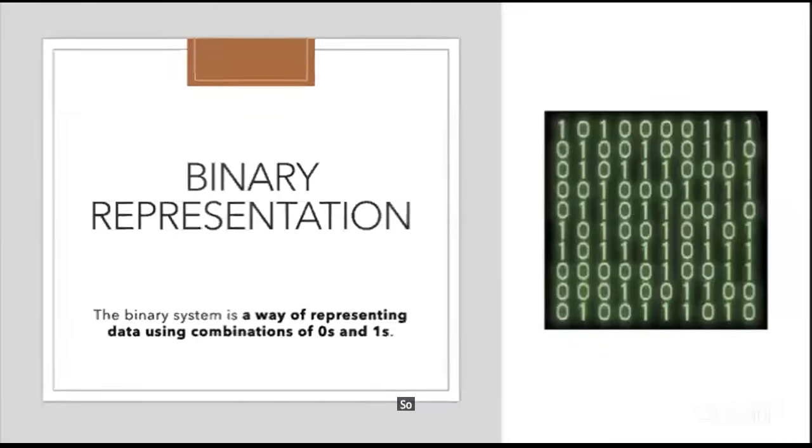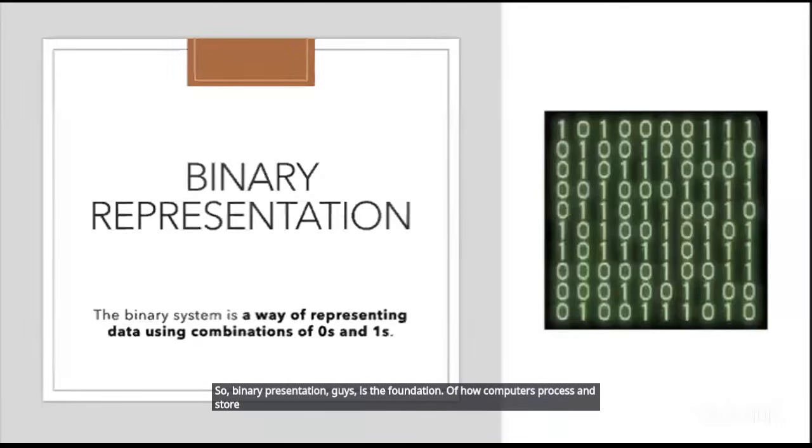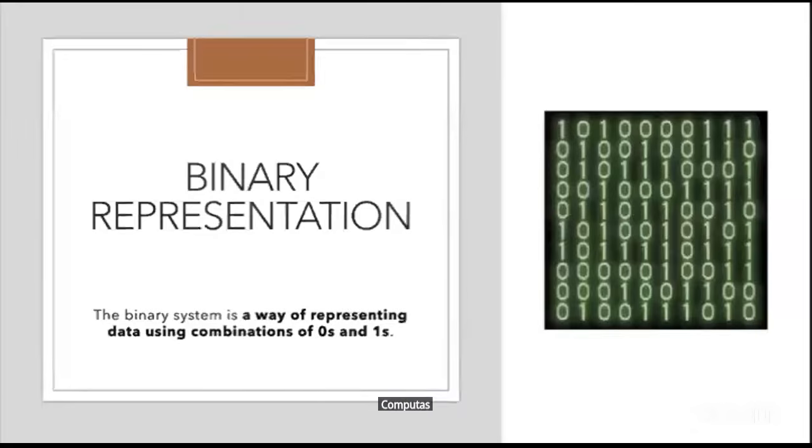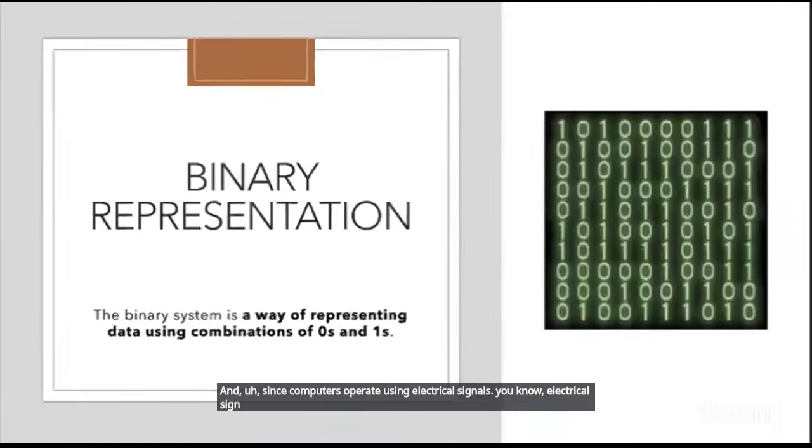So binary representation, guys, is the foundation of how computers process and store information. Computers process and store information using zeros and ones only. And since computers operate using electrical signals, electrical signals can either be on or off.